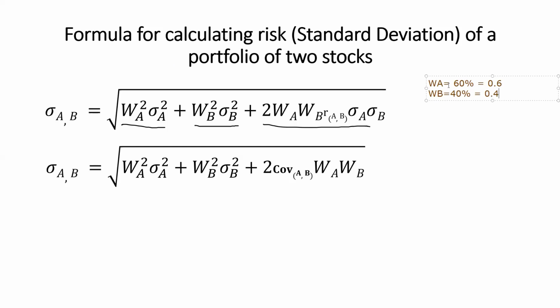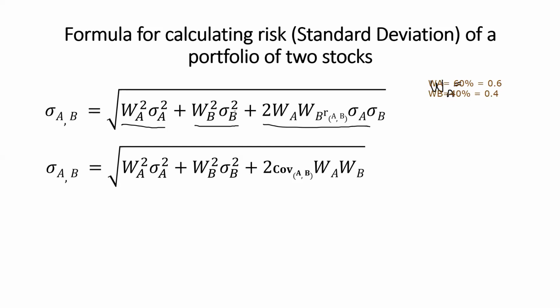That standard deviation would be given in the question, or you may be calculating it. You know how to calculate standard deviation. We take the standard deviation squared, that means the variance of A.